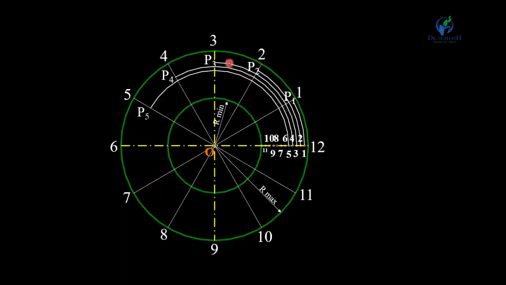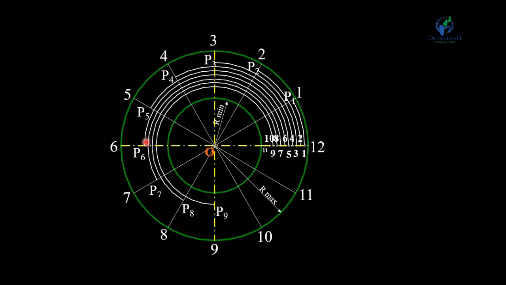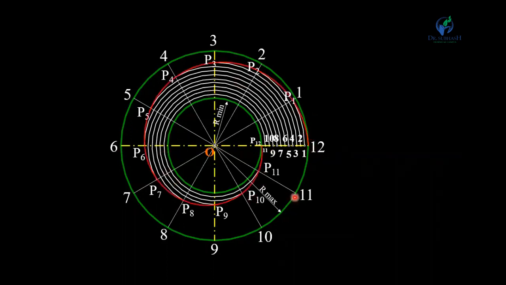Similarly, get another point P3, P4, P5, P6, P7, P8, P9, P10, P11, and finally P12. Join all these points from starting P0 to P12 by a smooth curve. Okay, so this curve is known as a spiral.